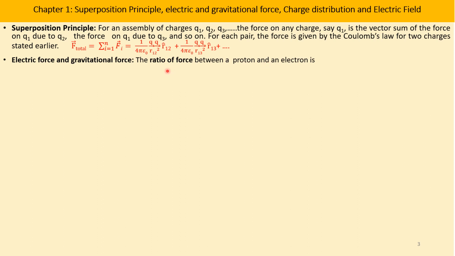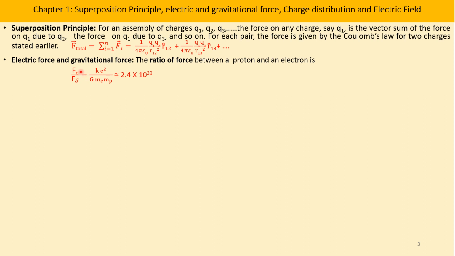Electric force and gravitational force. The ratio of force between a proton, which is positively charged, and an electron, which is negatively charged, is given by the ratio Fe by Fg equals K into e square divided by G into Me into Mp.